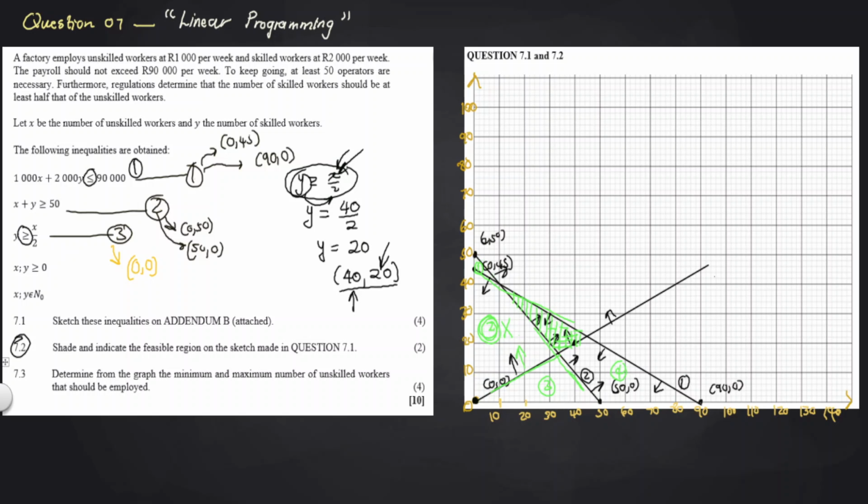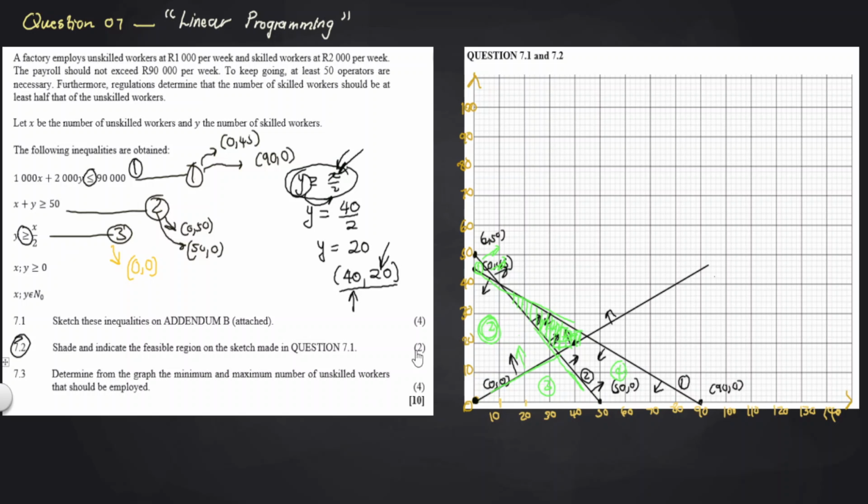It is not the feasible region because line number 2 is pointing away from that area, so we cannot consider it. The feasible region should be the area where all of the lines are shading into. So it happens to be this one right here. This is my feasible region.